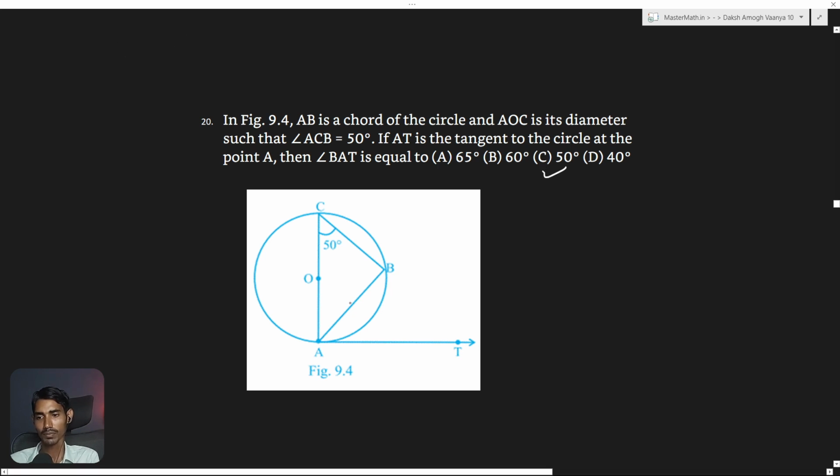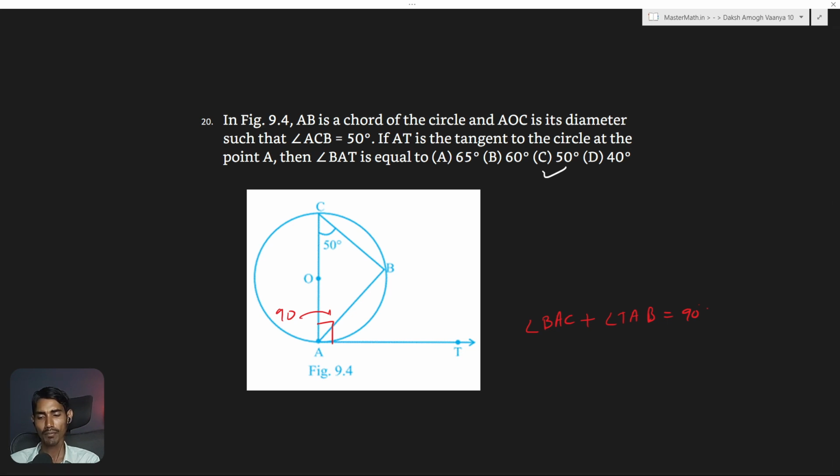So angle TAC is equal to angle TAB plus angle BAC, equal to 90 degrees. So angle BAC plus TAB is 90 degrees. I assume that is equation 1. And I took triangle ABC. Angle ABC is equal to 90 degrees.